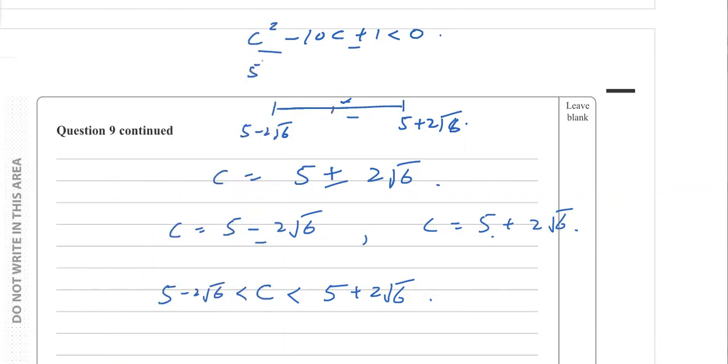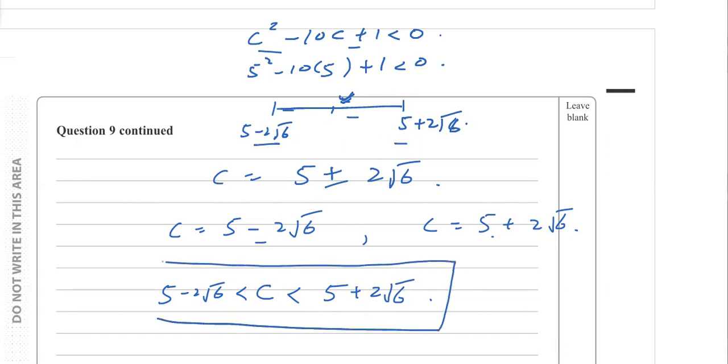Writing 5 gives 5 square minus 10 into 5 plus 1. Clearly this is less than 0. So any point in this region I take gives less than 0, so the value of c must be greater than this one and less than this one. So that will be the range of the values of c for which the equation will have no solution. That is the end of this question.